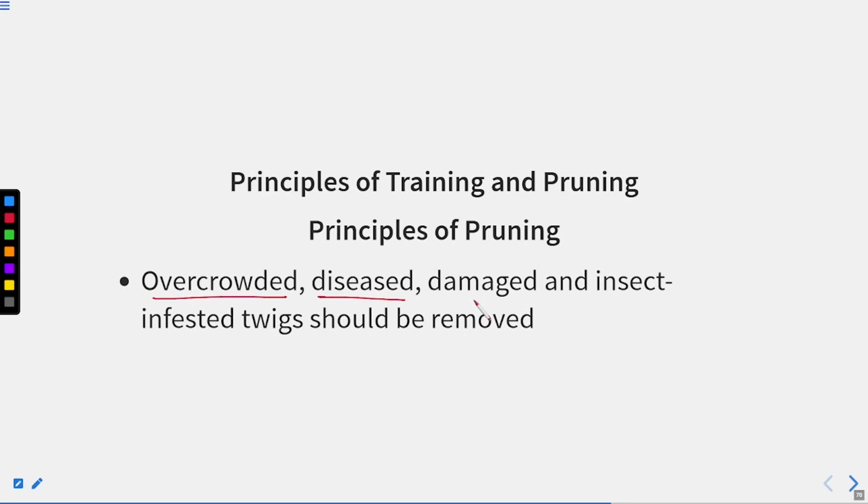Overcrowded, diseased, damaged and insect infested twigs should be removed. So when the branching of the tree becomes overcrowded, or if the branch has disease or the leaves are diseased, damaged and insect infested, those twigs should also be removed.